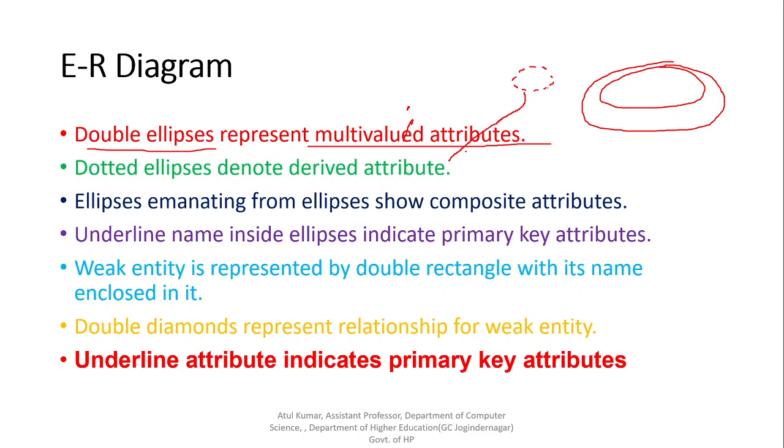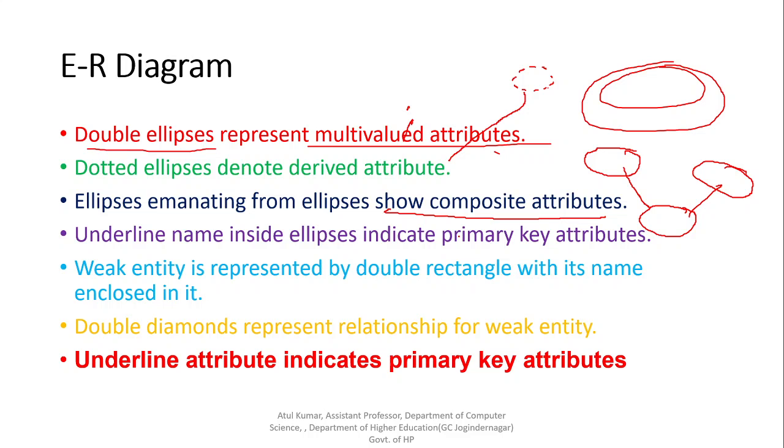Next we have ellipses emanating from ellipses, which shows a composite attribute. The meaning of this is that we have an ellipse like this, and some other ellipses emanate from this ellipse, so this is called a composite attribute.